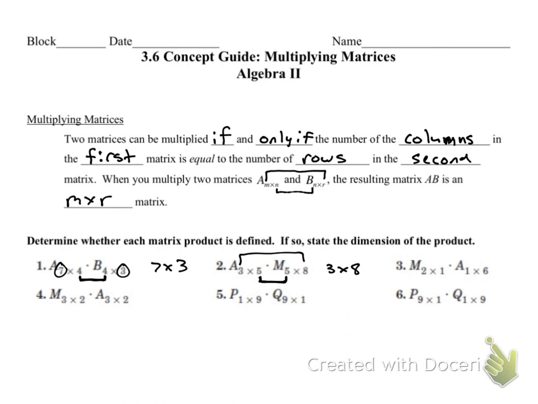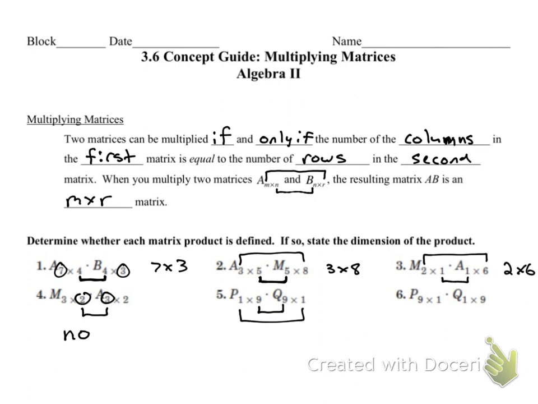Number 3, can you do it? Could you multiply those? Yes. What would be the resulting dimensions? 2 by 6. Number 4, can you multiply those? No. The 2 and the 3, they're different numbers. You cannot multiply those. Number 5, can you multiply them?